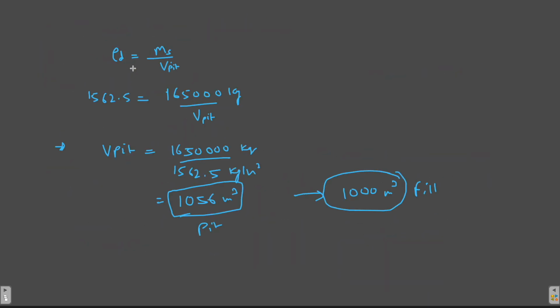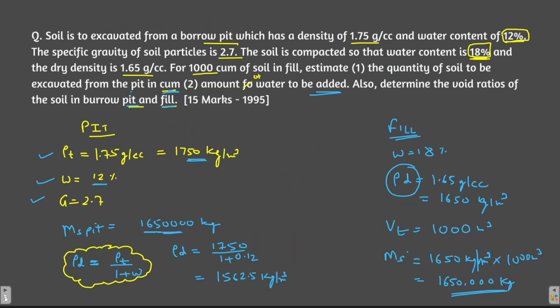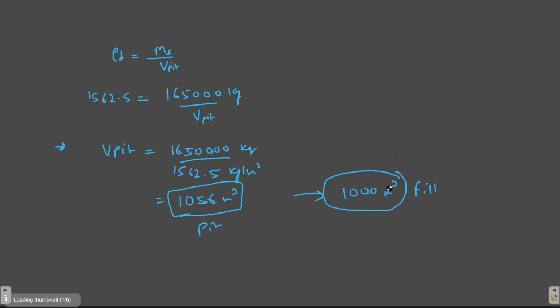Now let's calculate the same thing for the fill. For fill, is gamma T given to you? No, gamma T is not given to you. But for fill, what data is given to you? Gamma D is given to you. So you must be using this relation. Gamma T is equals to gamma W G plus ES by 1 plus E. But if you are taking the dry density, then in dry density case, the degree of saturation is what?